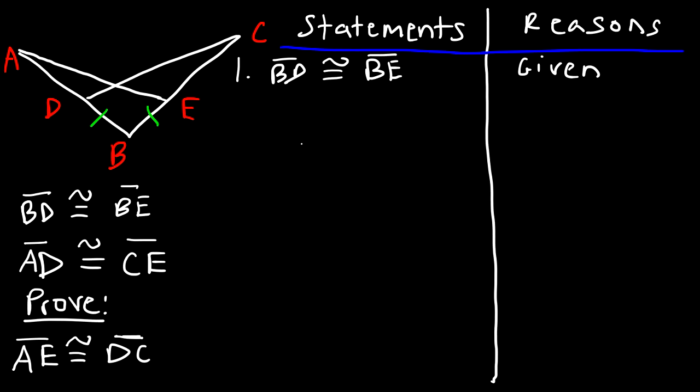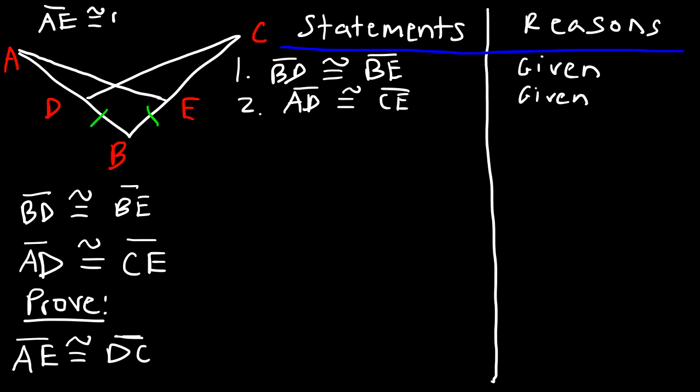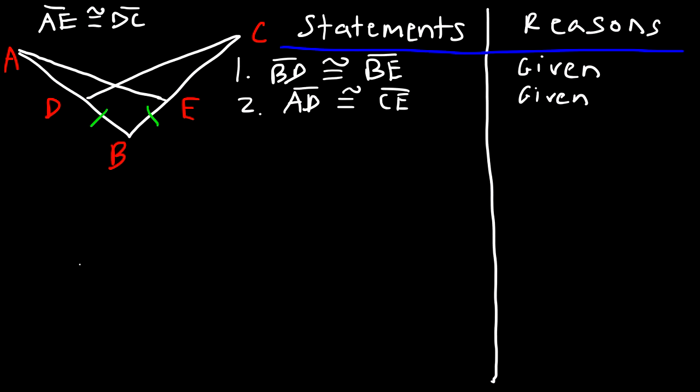Now let's write the second given. AD is congruent to CE. And I'm going to write what we need to prove on top so I can make some space on the board. Now let's draw the triangles that we need to prove are congruent.